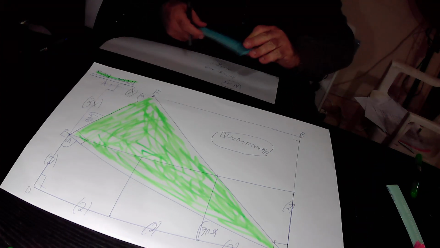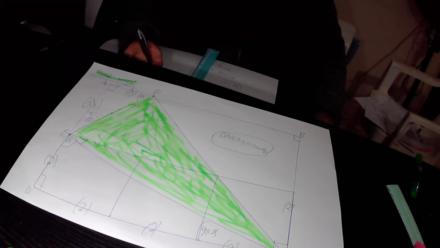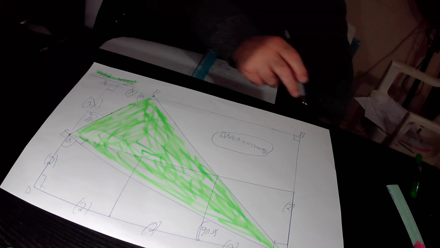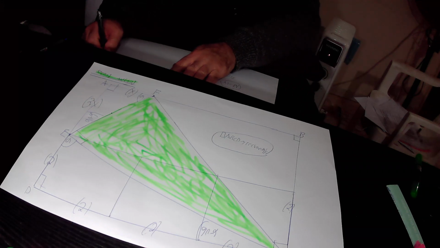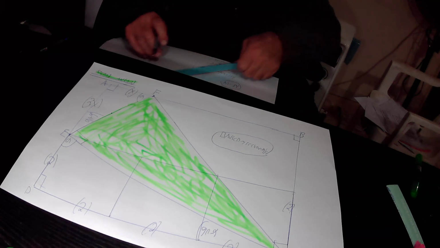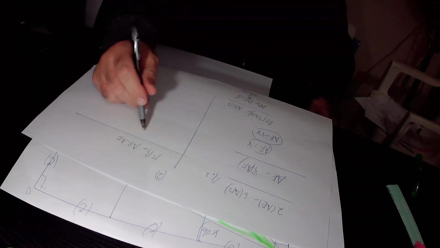So what is the length of this line segment FB? From the drawing, it is very easy to see that FB in total equals AB minus AF.